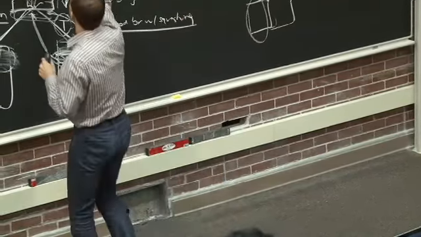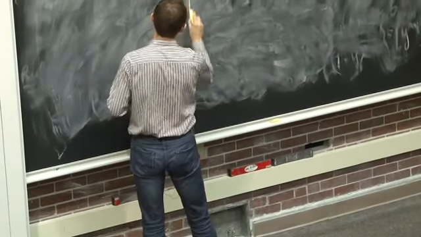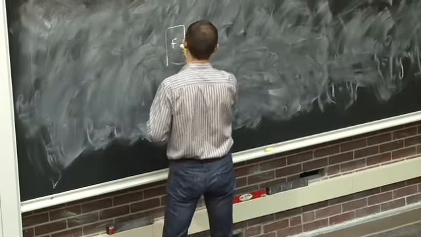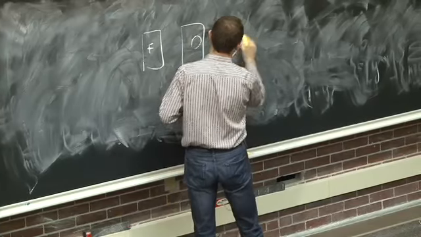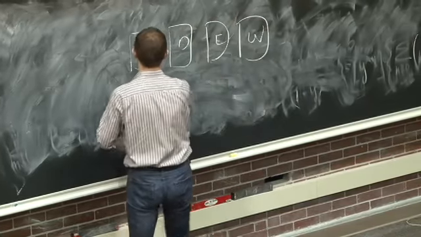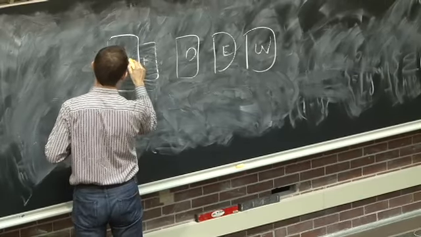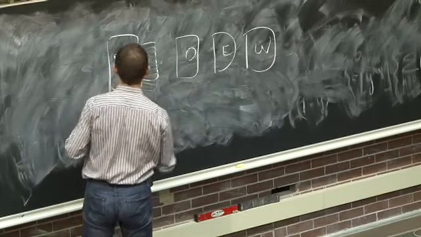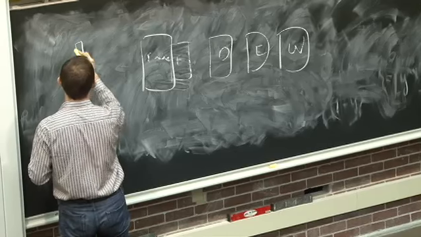So let me give you a more concrete picture of this. Let's say this is your pipeline: fetch, well, I'll expand on this, decode, execute, write back. So how do you fetch? Well, let's say you have an iCache, and let's say you have 4 stages. You want to have 4 threads. What do you have?